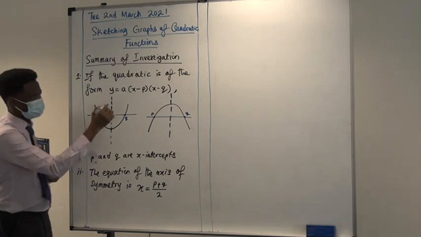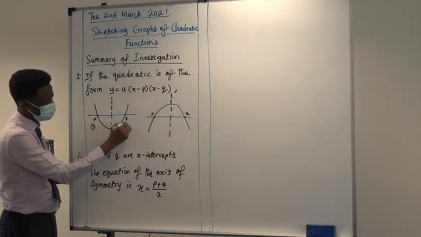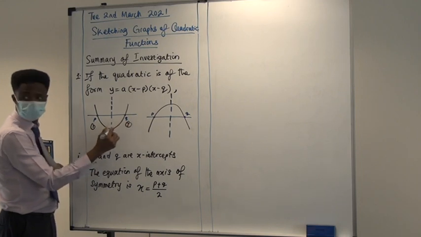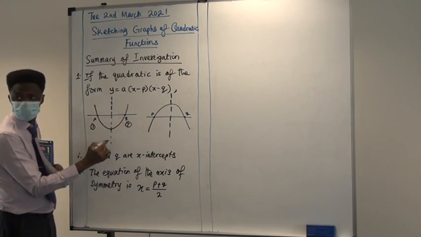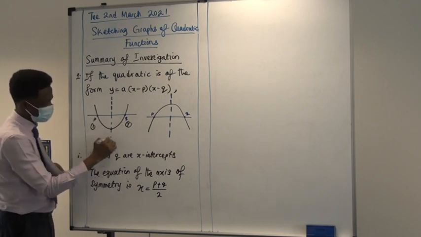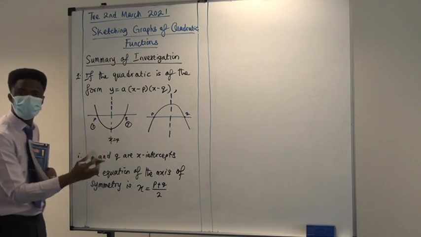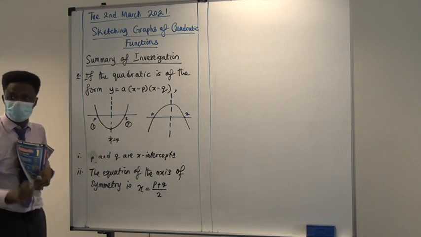Again, if this is 1 and this is say 7, then the midpoint is 4. So this line is actually the line X is equal to 4. So X is equal to 4 is the line that divides the parabola into two equal parts.